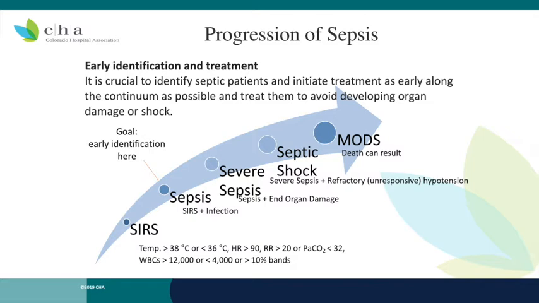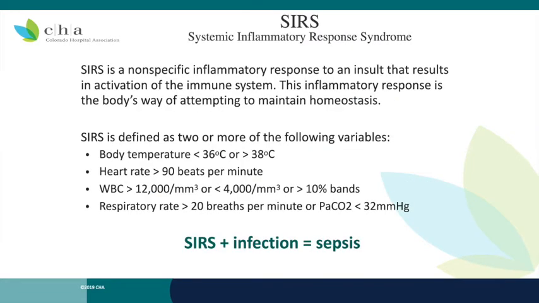So it's important that we do our medical examinations and identify any potential sources of infection. And it's also important that we ask them these very specific questions to maybe help us identify sources of infection. So again, sepsis is the presence of SIRS plus infection.